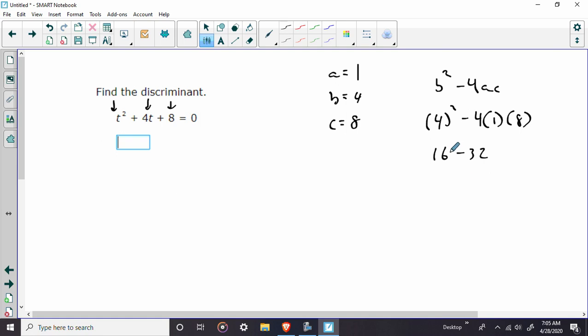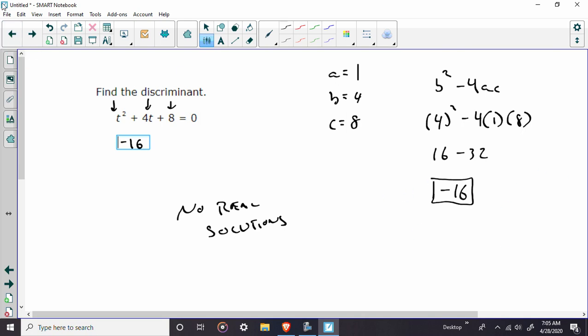Right? 16 minus 32 is negative 16. Since this answer is negative, the discriminant is negative 16, but there are no real solutions. Meaning, this was a problem we wouldn't have been able to answer before, but we'll be able to answer now that we know something about imaginary numbers.